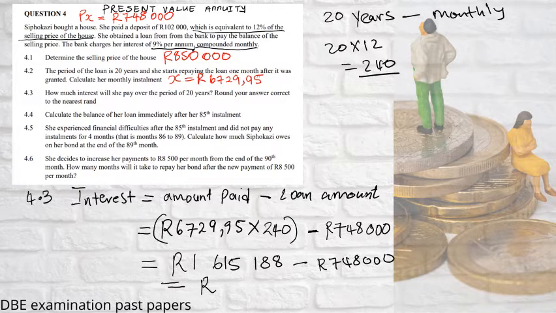So the interest that she paid over 20 years will be 867,188. Banks are making money, huh? Just imagine, 867,188. It's even more than the amount she borrowed. You see, loans are really not that good. So that's the interest, 867,188 that was charged as the interest.